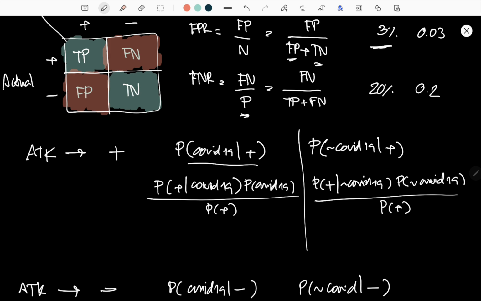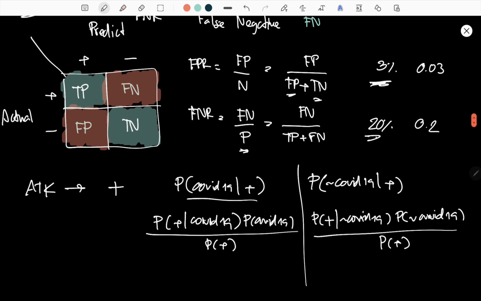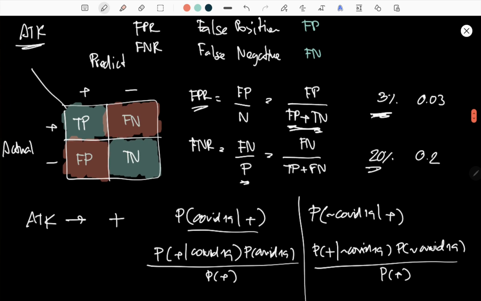So the manufacturer or the lab says the result of the ATK is like this, so we have to fill in first. For the false positive rate to be like this, it is the values of the probability of not COVID-19, right?